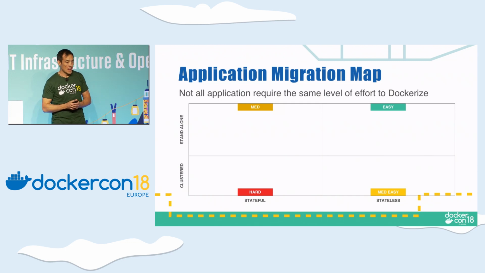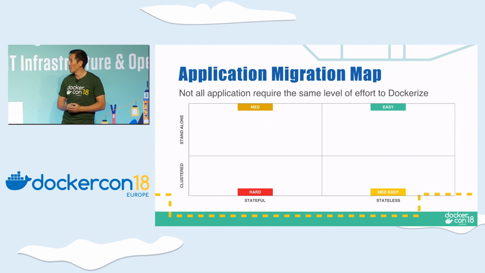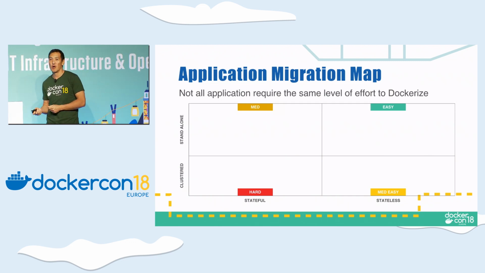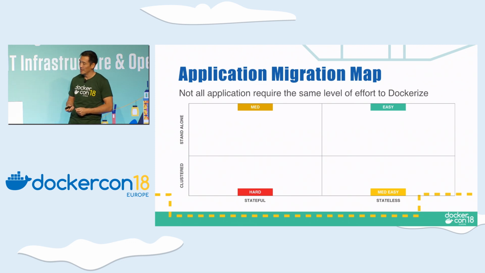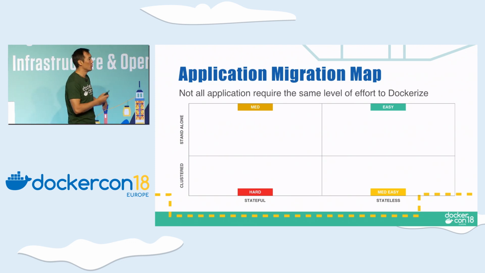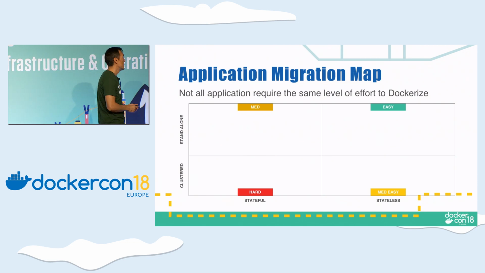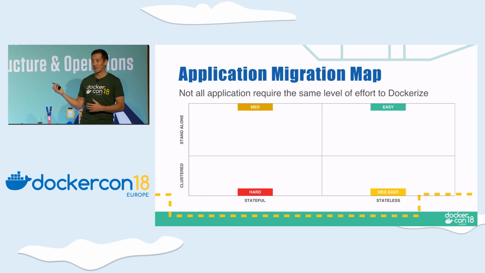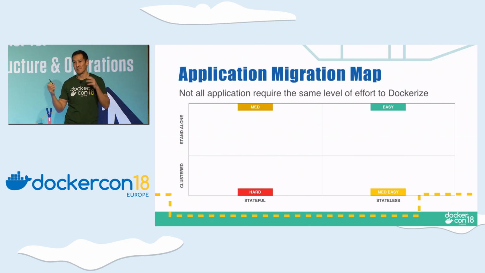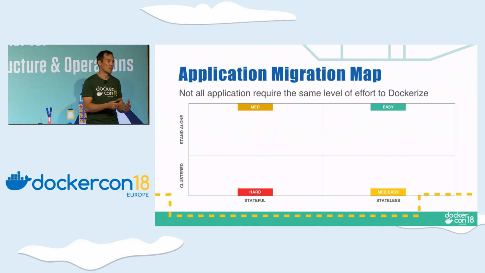Now, not all applications are created equal, and they're not all as easy to Dockerize. So some of you in here might have heard only do stateless applications, and that's no longer true. Personally myself, I've Dockerized big databases, even including primaries and secondary databases with backups.